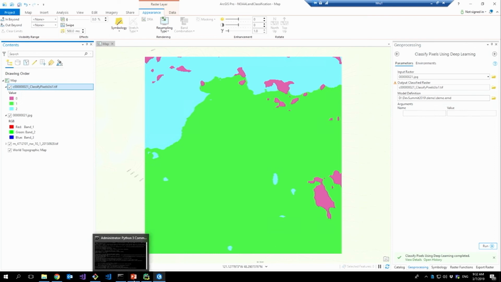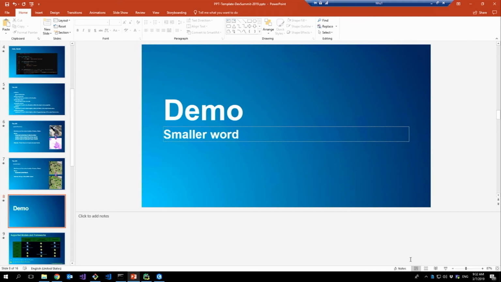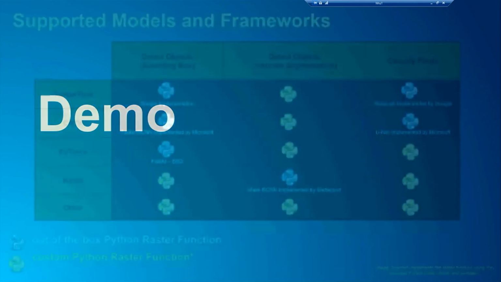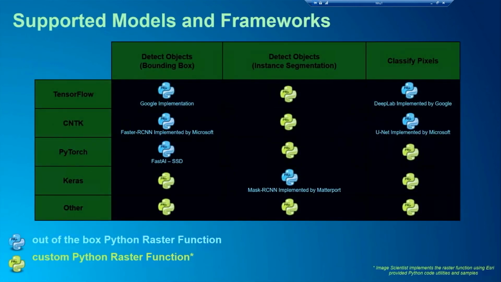So, okay. If you have some models that need your own Python raster function module, we also provide some built-in Python raster functions for well-known training implementations. So in these cases, you don't need to start from scratch by writing your own Python raster function.